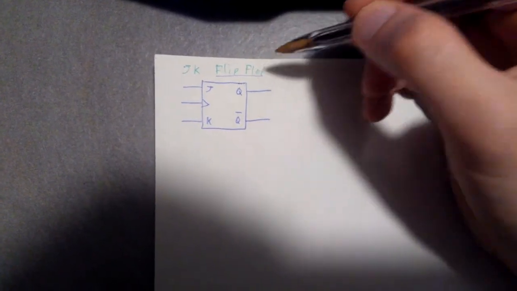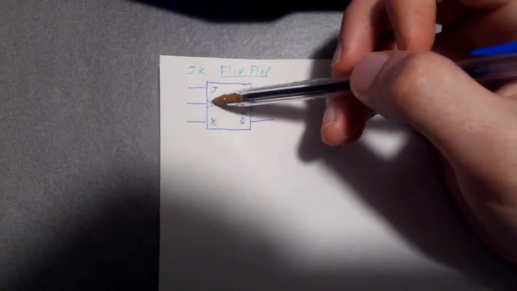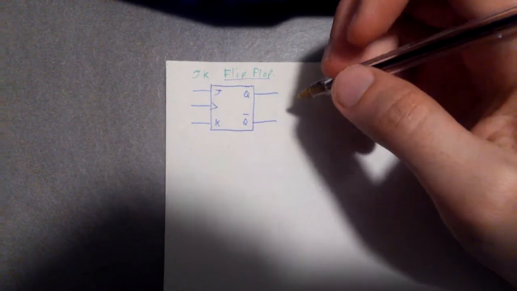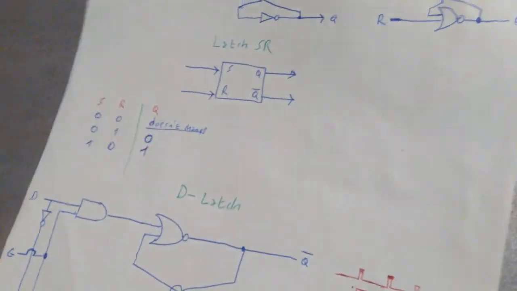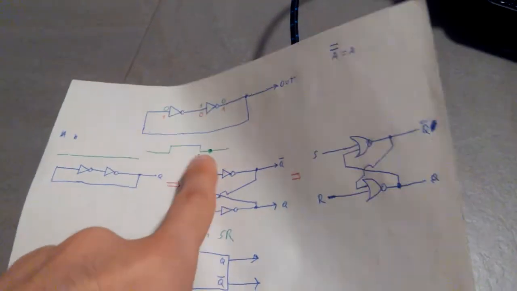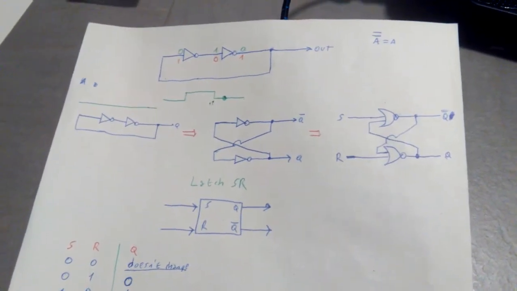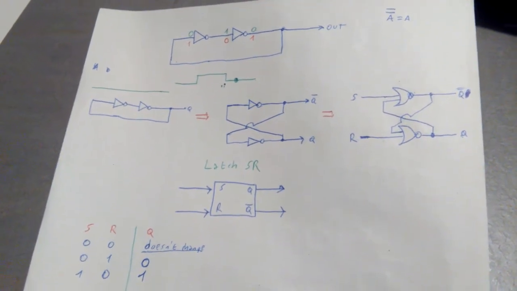Flip-flop basically means that we have this edge sensitive property. When we were talking about latches, like the D latch or the SR latch and so on, that basically meant that it was not edge sensitive.